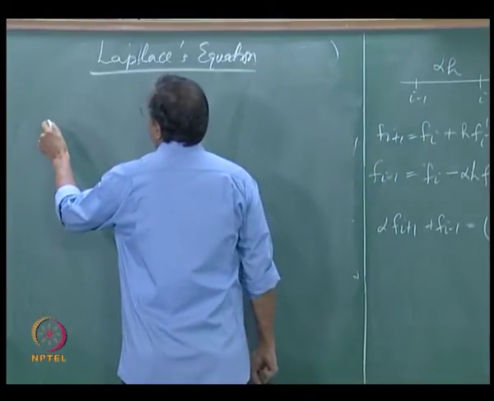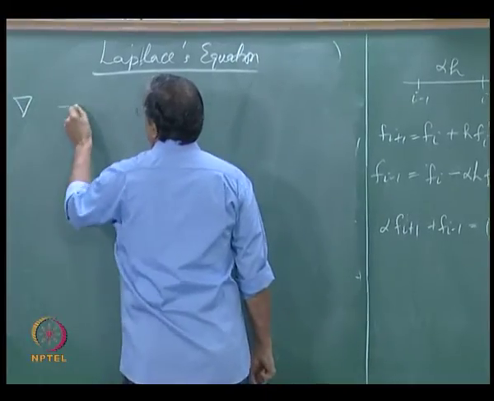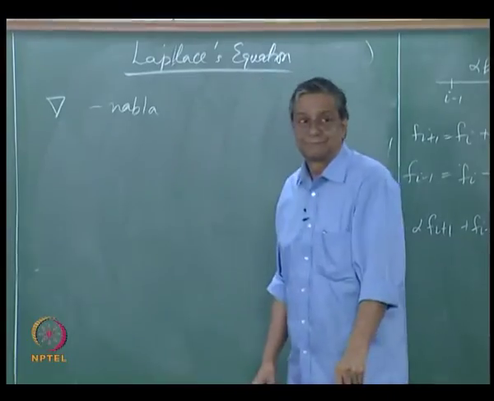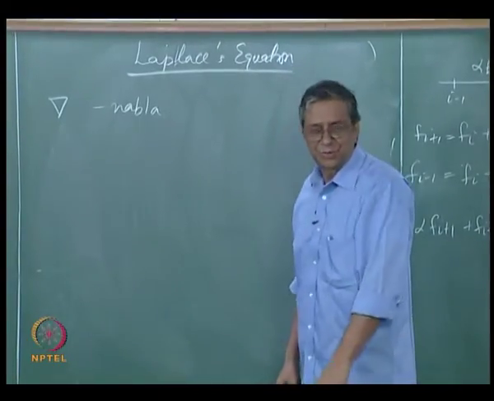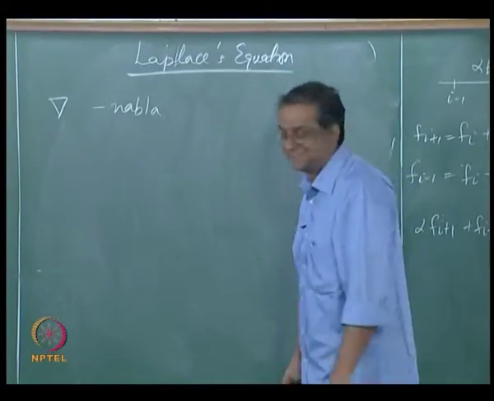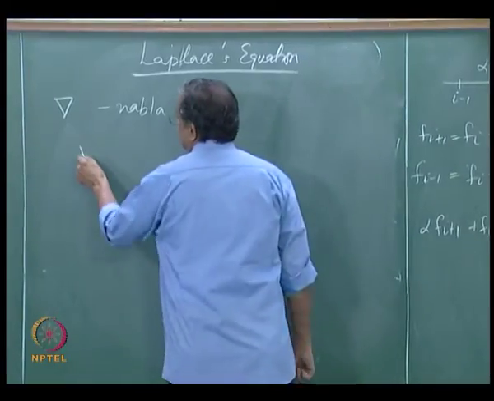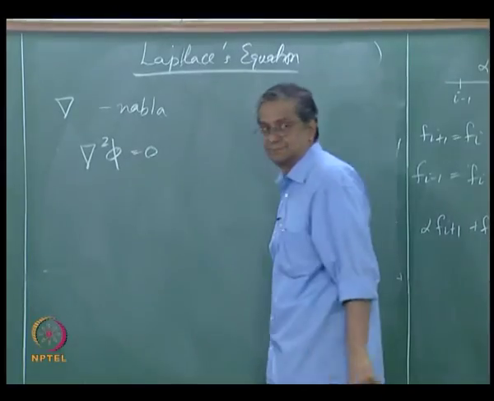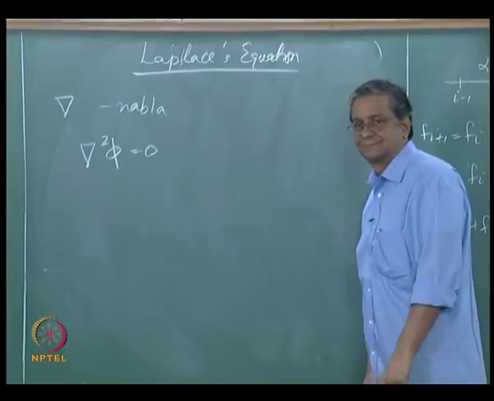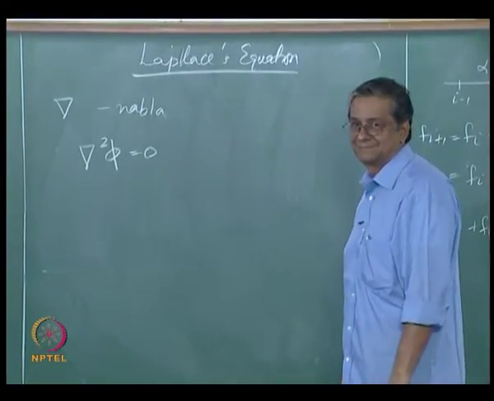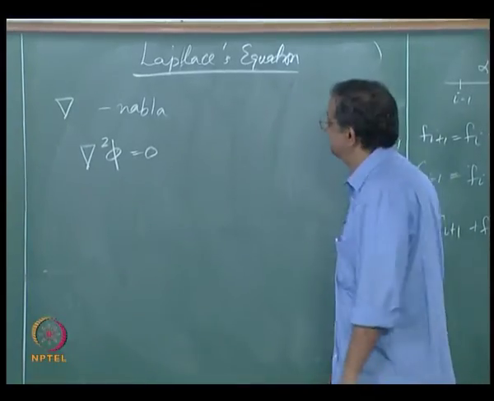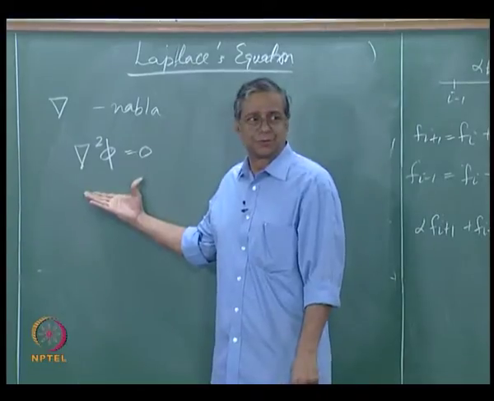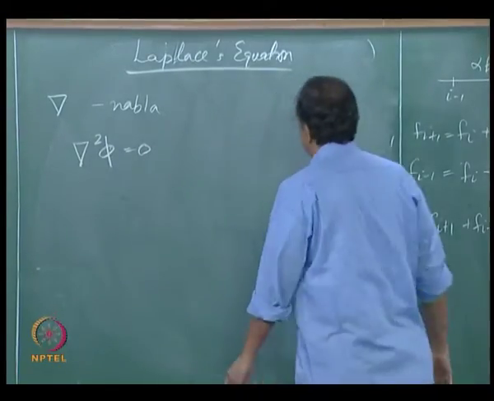So, this symbol is called nabla, right, we are used to calling it del, but it is called nabla. So, this would be nabla squared phi equals 0, okay, fine, and we could choose to solve this problem in a very simple region.